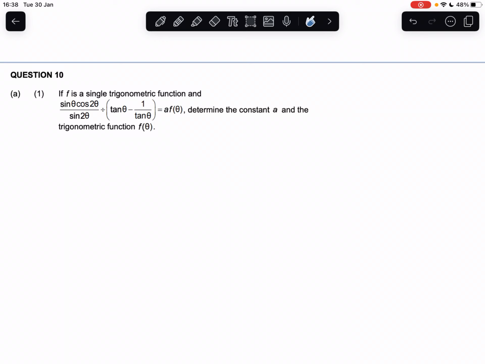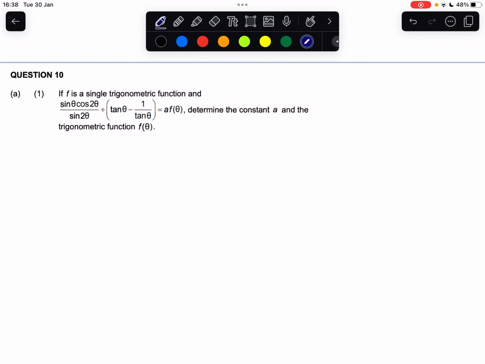So it could be 2 sine theta or 5 tan theta or negative a half cos theta, right? So we need to figure out what the number a is and what that trig function f of theta is. Okay, so we want to simplify this very bombastic looking expression on the left hand side of the equation we were given. So let's get into it.